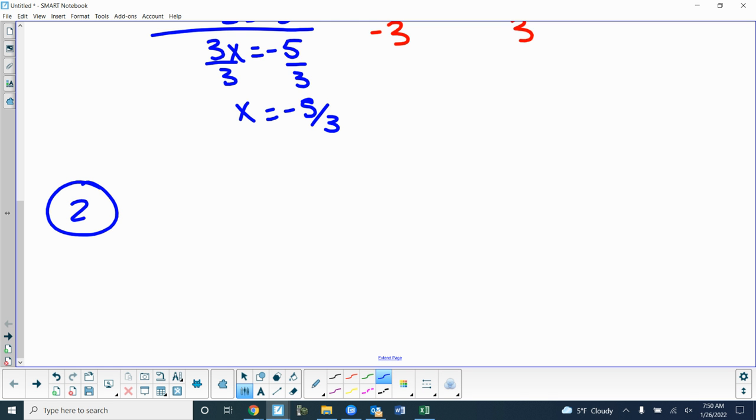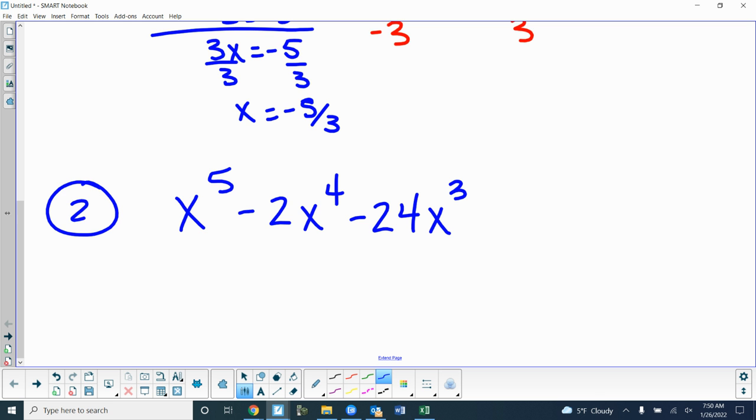Okay, the second one, it's only got 3 terms, but it's got x to the 5th. So how many zeros are we thinking? 5 zeros, right? Again, when we're factoring, what's the first thing that we should always look for? A GCF. Does this have a GCF?